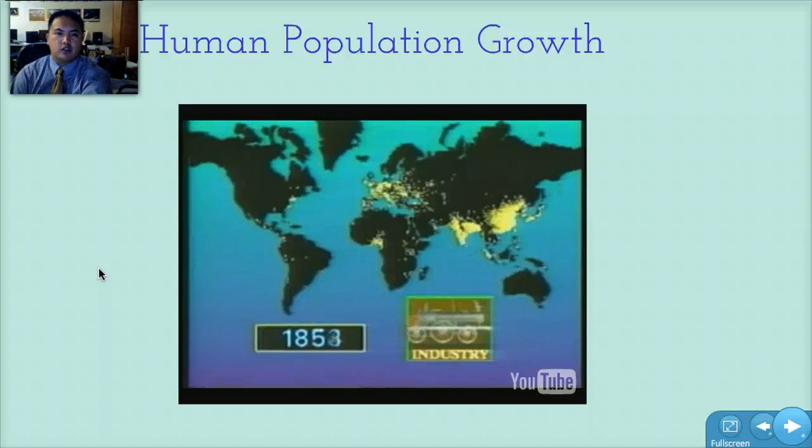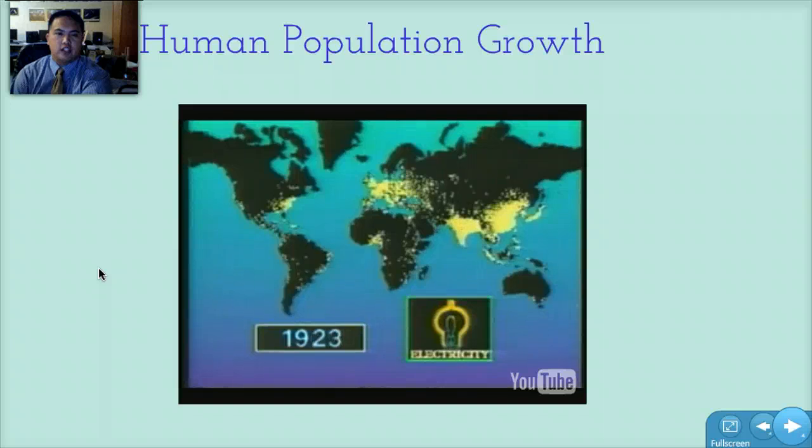Now we're talking about the Industrial Revolution, advent of electricity.